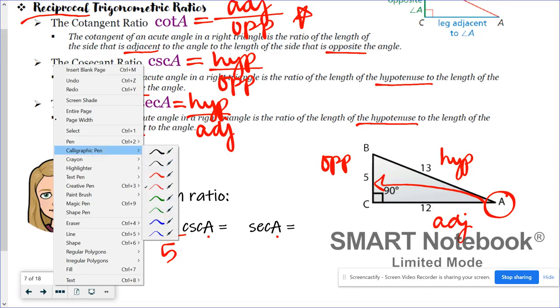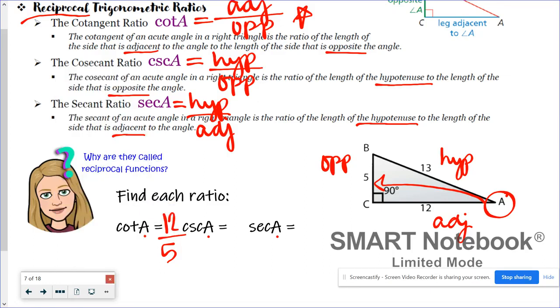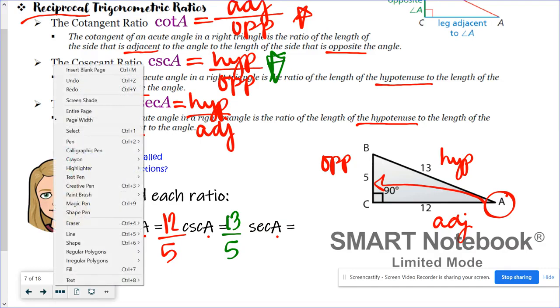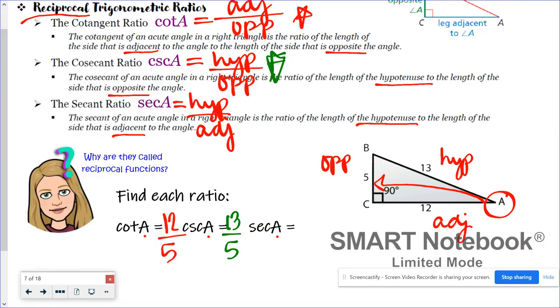Cosecant, that's the CSC. Cosecant is the ratio of the hypotenuse to the opposite side. So the hypotenuse is 13 and the opposite side is 5. And then secant, that's SEC, is the ratio of the hypotenuse over the adjacent side.